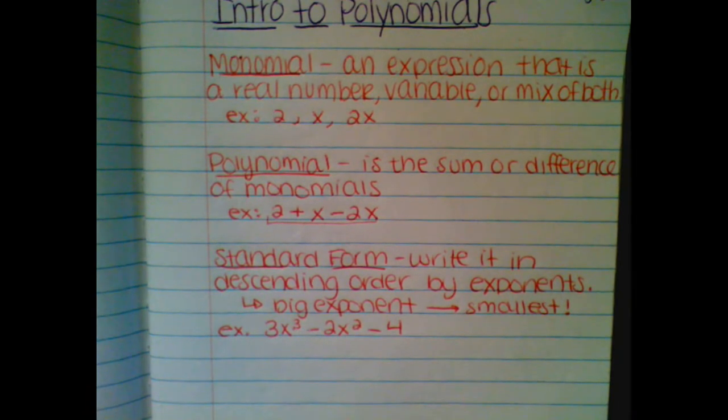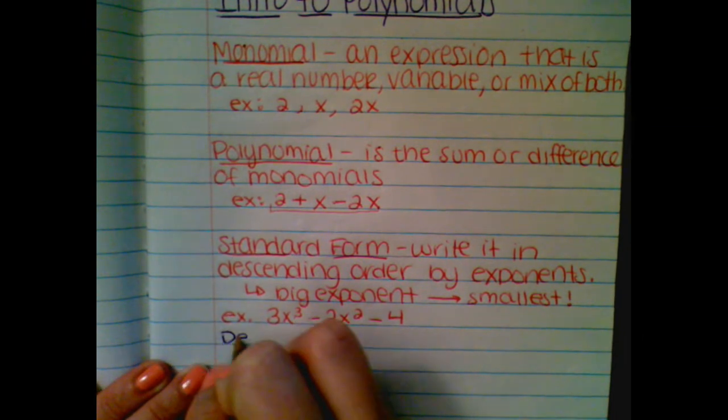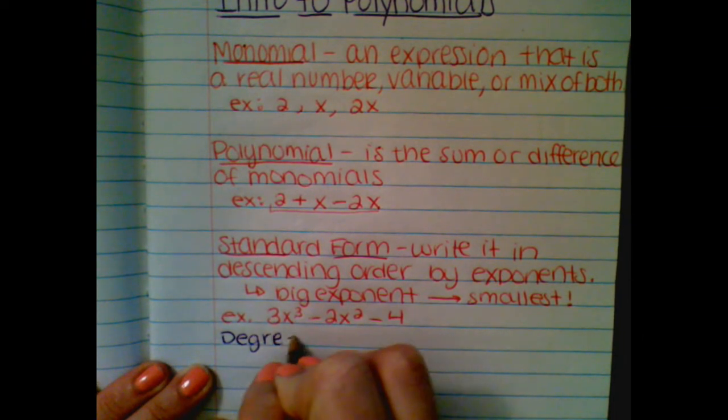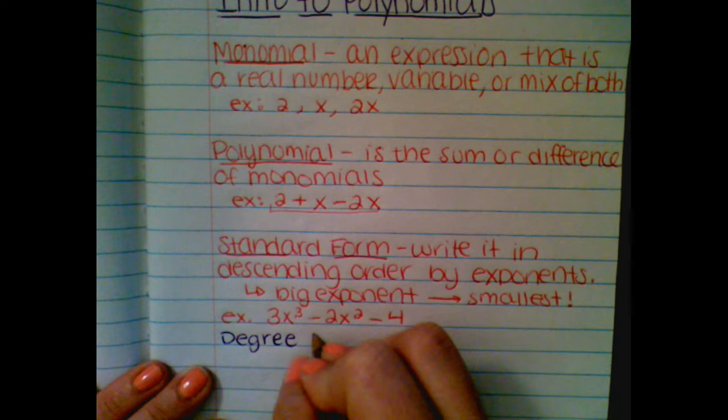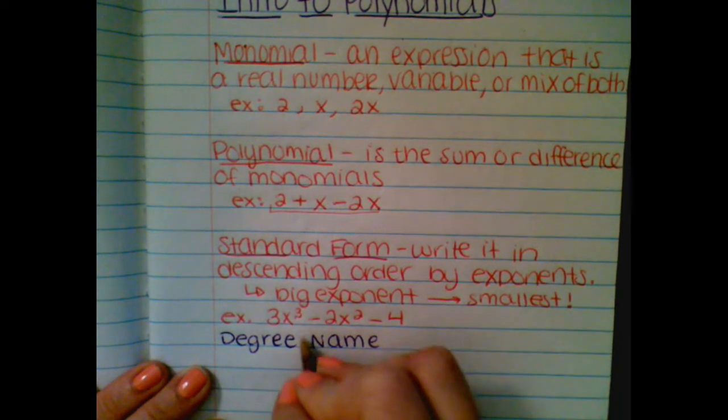Okay, so once you put it in standard form, there's 2 names that associate with each polynomial. You get to classify them by term and degree. Most of the time, you will classify the degree first. So we're going to make a little table that has the names for the different types of degrees you will see.